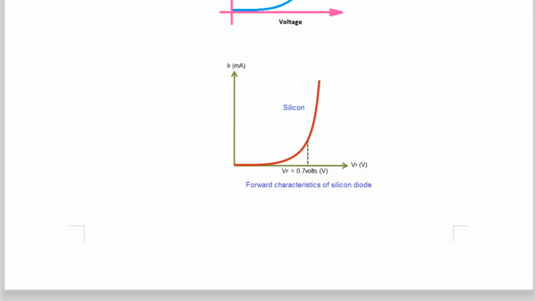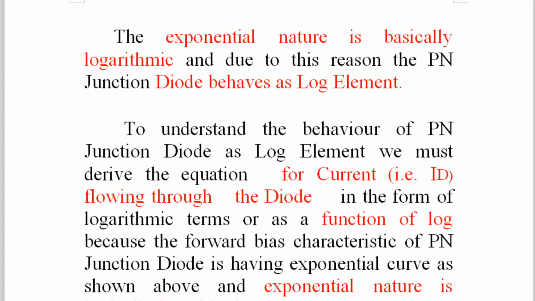This exponential nature is the important part in our frame of reference of the log amplifier. The exponential nature is basically logarithmic, and for this reason the PN junction diode behaves as a log element.